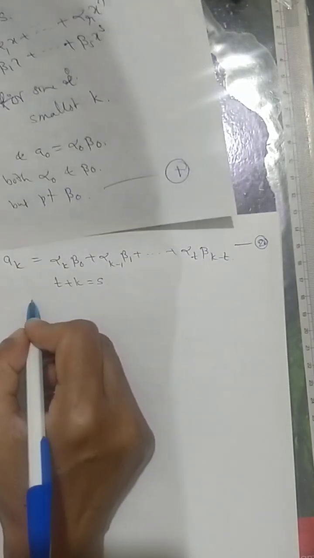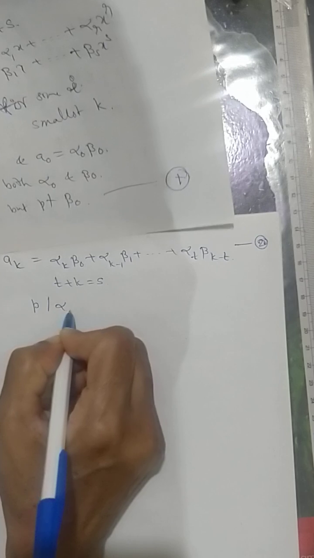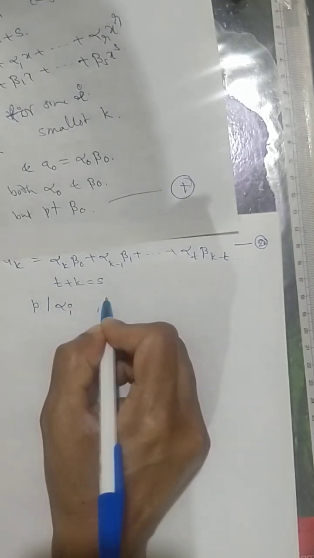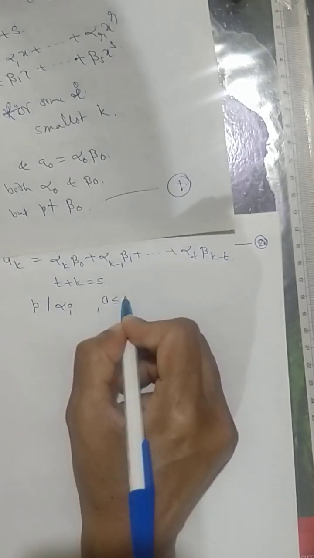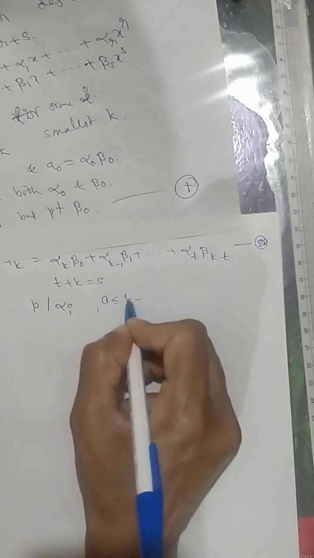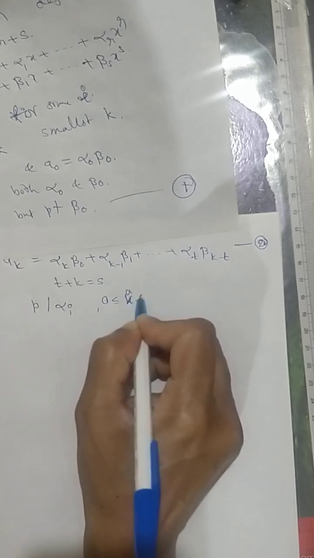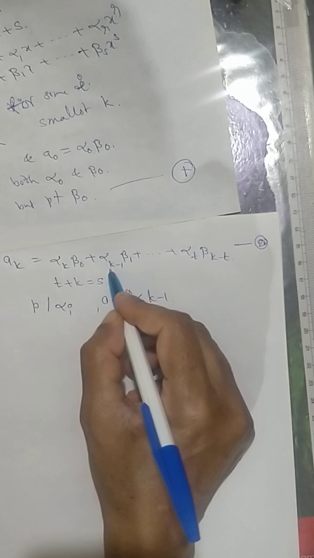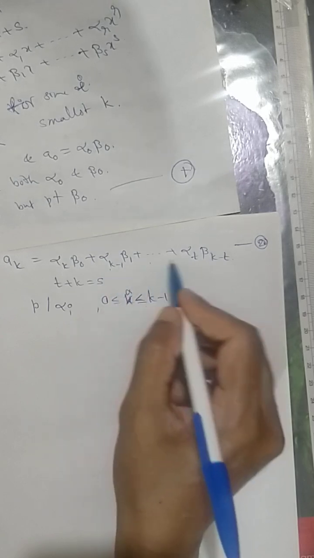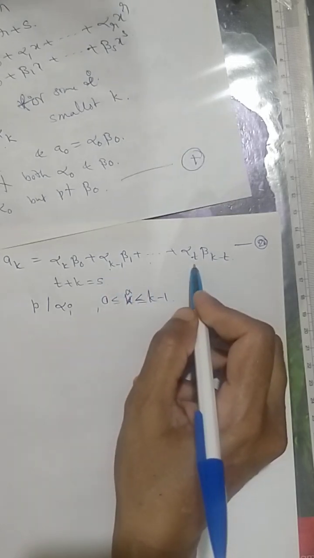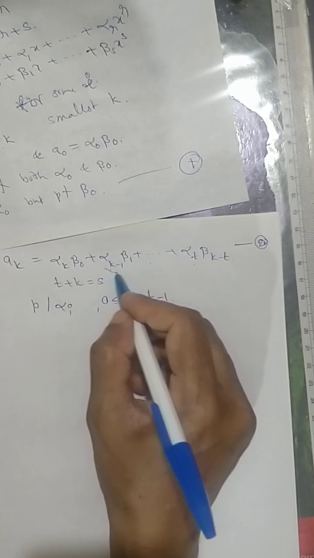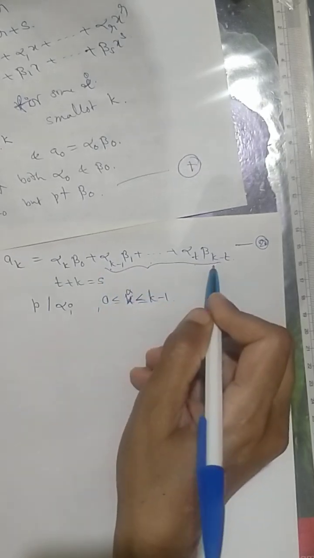Now by our choice of k, k is the smallest suffix such that p doesn't divide alpha_k. So p divides alpha_i for every i between 0 and k-1. So p divides alpha_{k-1}, alpha_{k-2} and so on, alpha_t here, so p divides this part.